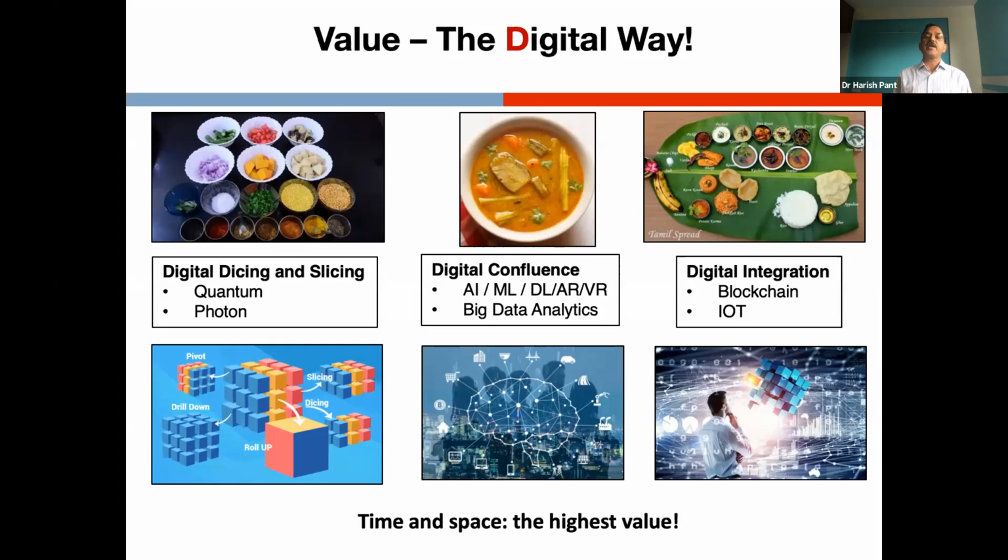The players who are able to understand the slicing and dicing which digital facilitates, it was never possible before. So it is very important that we understand the kind of quantum computing that is coming. Photon is coming in terms of making our data secure and safe.